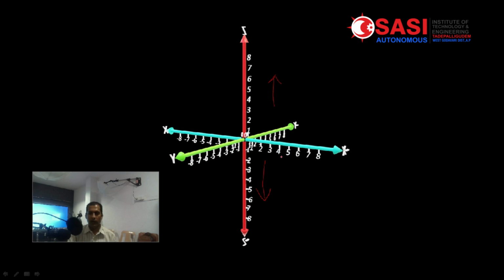Both x and y have positive as well as negative components. These components are useful to identify the location of an object. So this is the case of the rectangular coordinate system. Similarly, different coordinate systems have values in positive as well as negative direction.